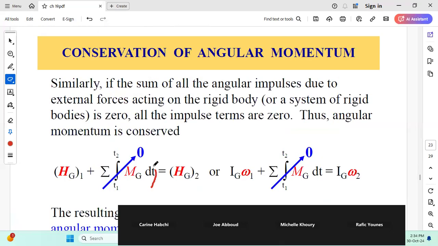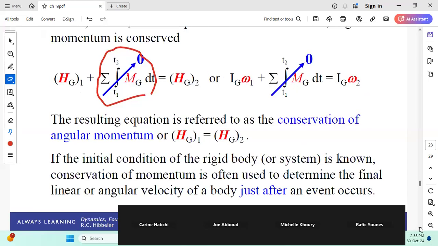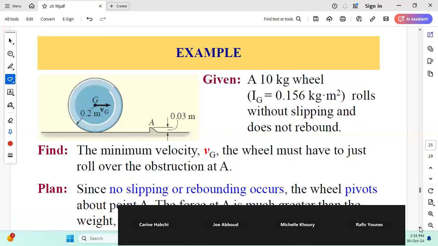So if the sum of external angular impulses is zero, then Hg1 equals Hg2, and we can apply conservation of angular momentum, which is the case in the majority of problems. We will see together that in a lot of problems the summation of moments about a certain point is zero, so you can apply conservation of angular momentum.